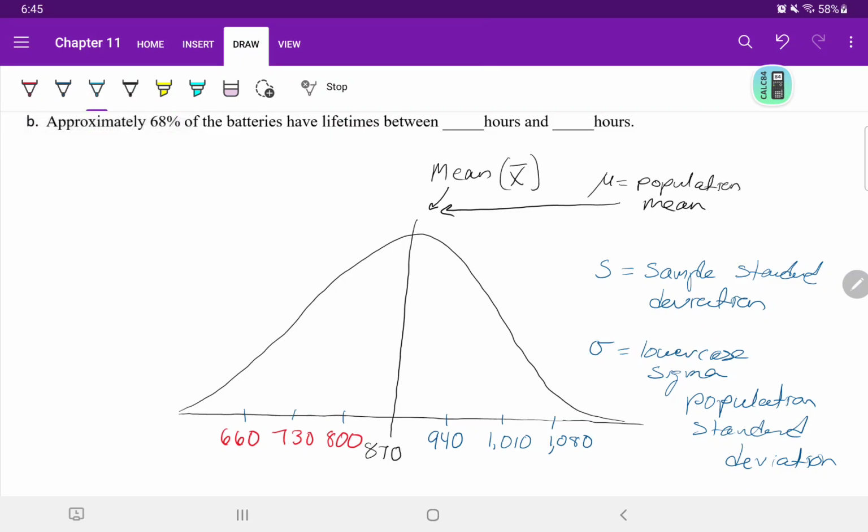Going back to the notes, it said that 68% of the area lies within one standard deviation from the mean. So based on the normal distribution curve, 68% of your data will lie within one standard deviation from the mean. It says 95% of your data lies within 2 standard deviations from your mean.